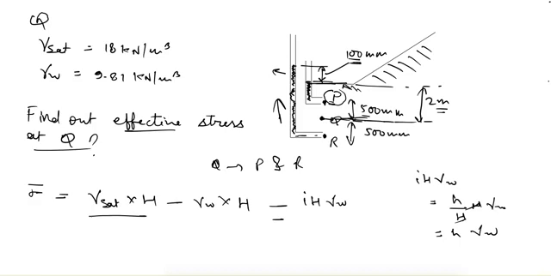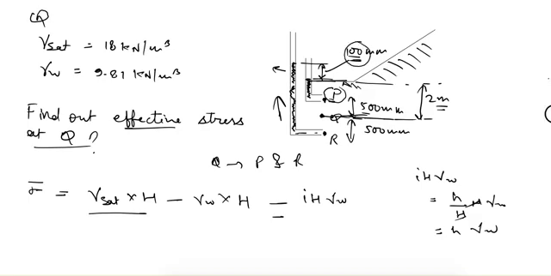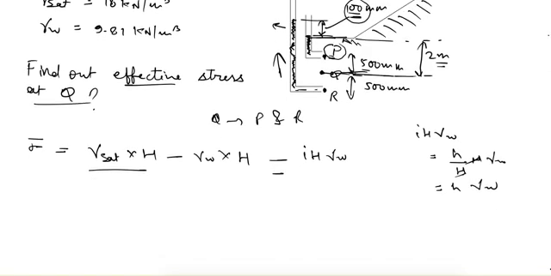So the total head between R and P is 100 mm. It means that when the flow takes place from R to P, a 100 mm head loss takes place.